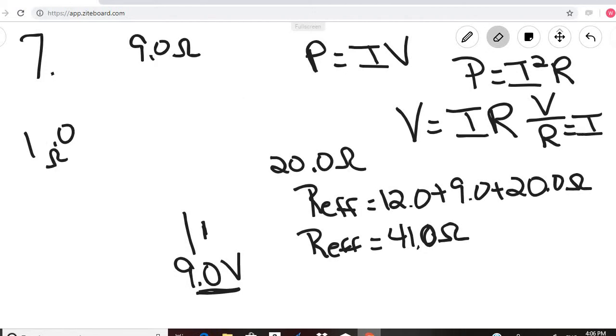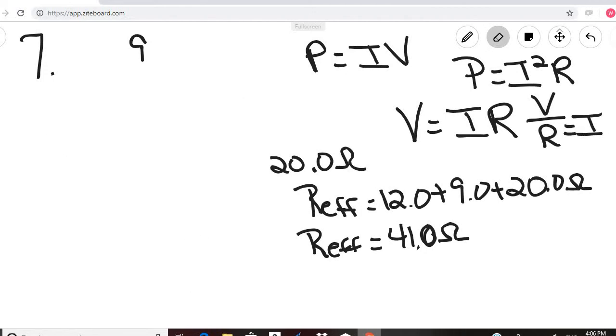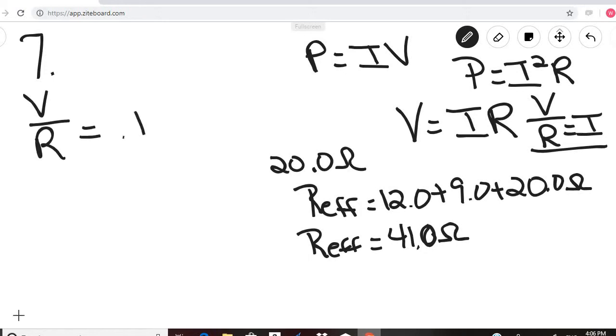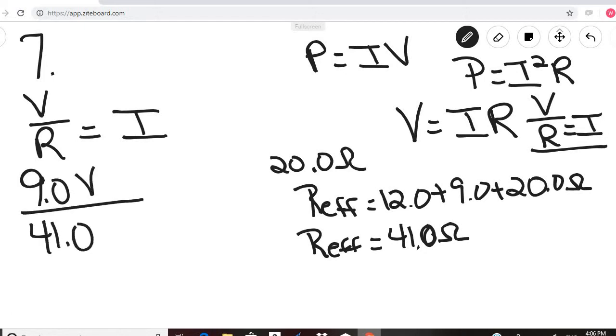I'm going to go ahead and erase this. So V, I'm going to use this here, V divided by R equals I. So we were given the voltage as 9.0 volts. And the resistance is 41.0 ohms.